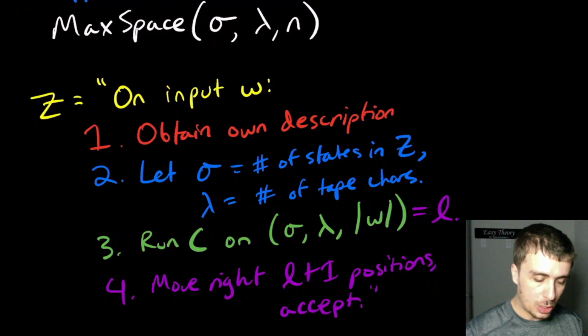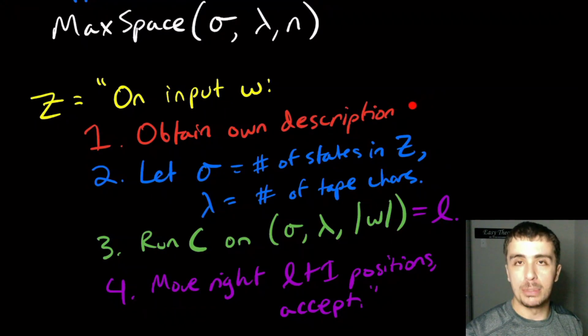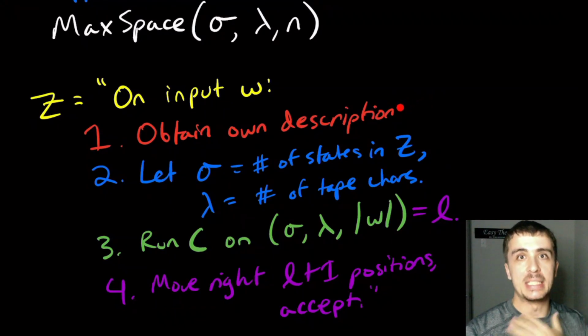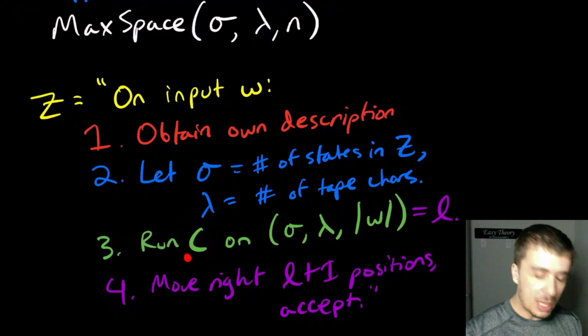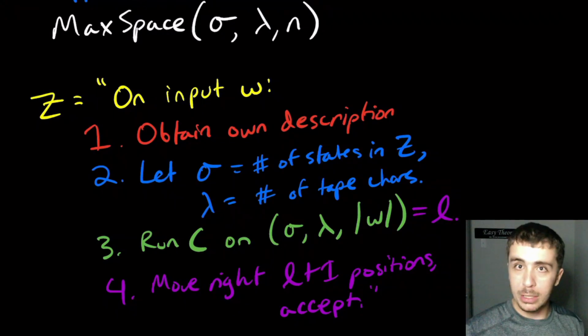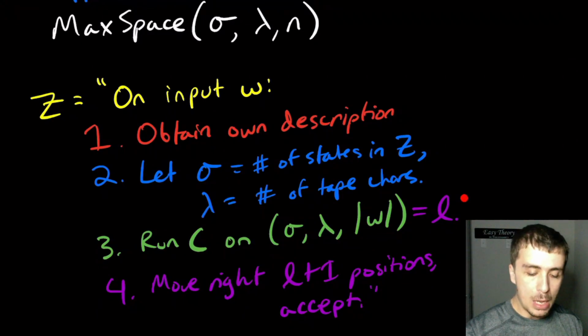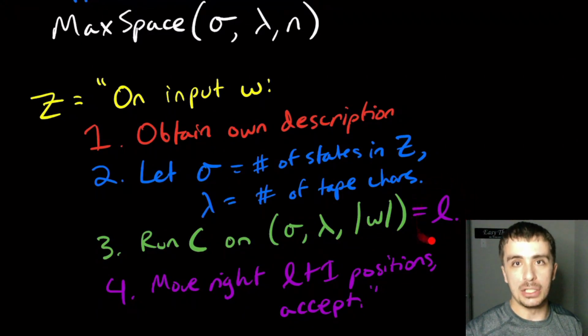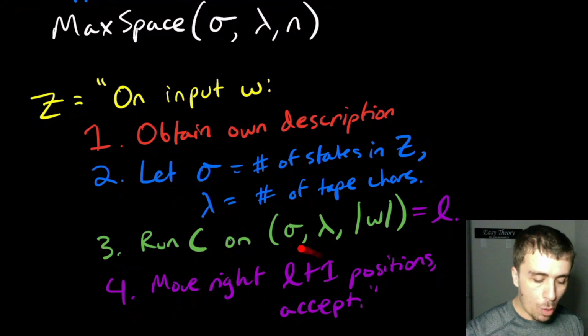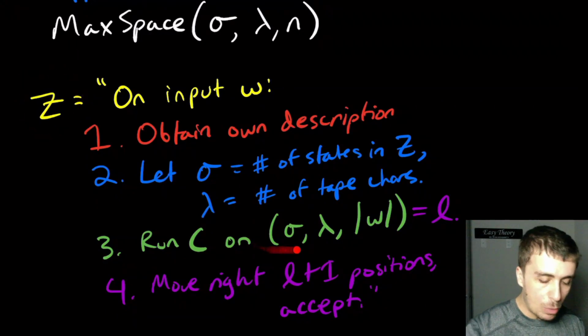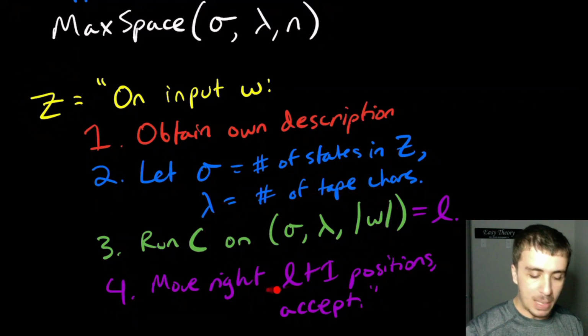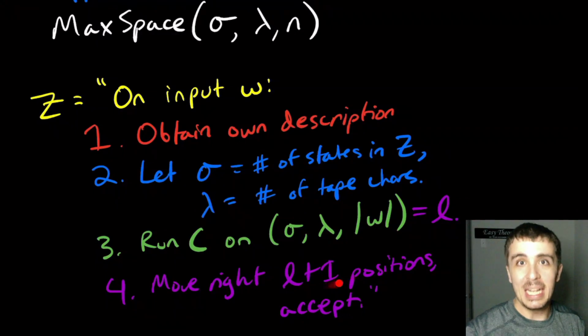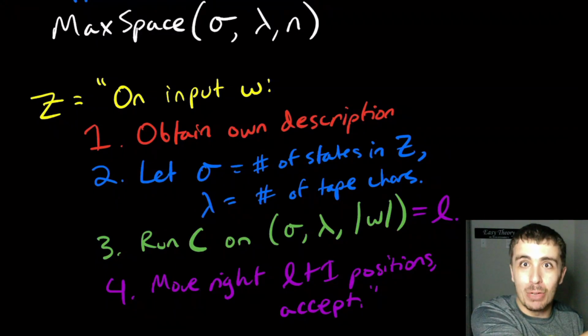Why is it a contradiction? Because we can obtain our own description right here, so we know how many states and tape symbols we have. We suppose that we can actually compute this. So C figured out that all the Turing machines of this particular type, on this length of input, will take at most L cells on the tape. Sometimes maybe less, but definitely at most L. But what we then did was this Z, which is involved in this calculation, must take L+1 cells because it moved right L+1 cells.